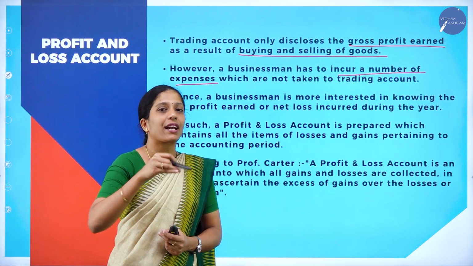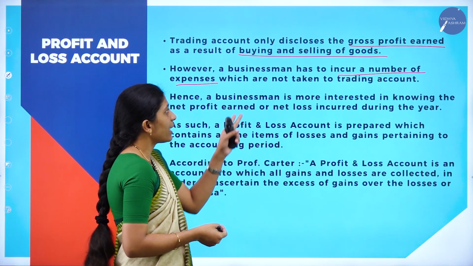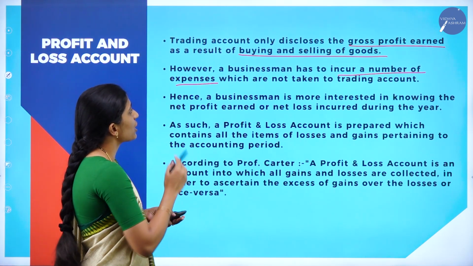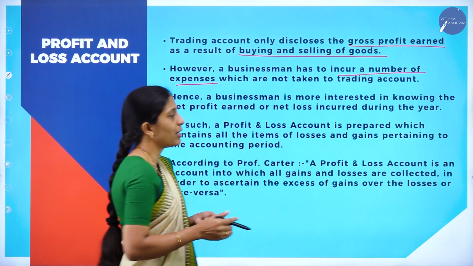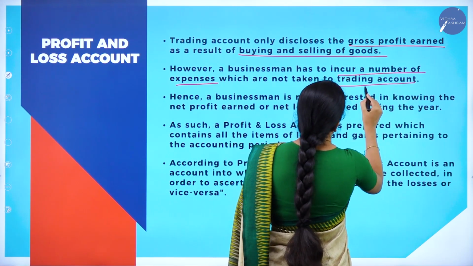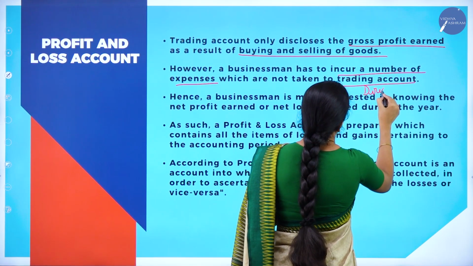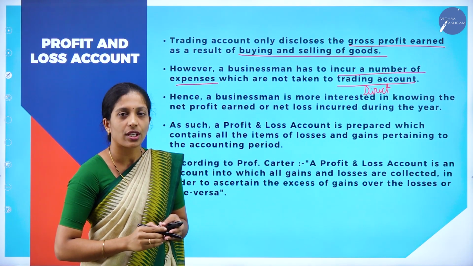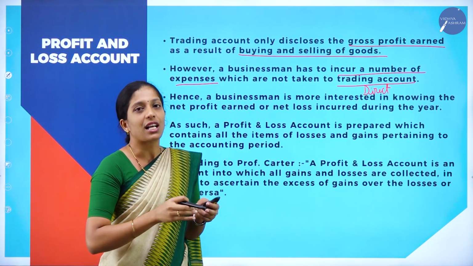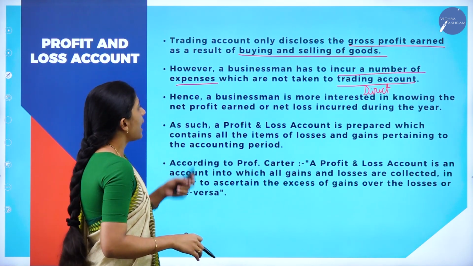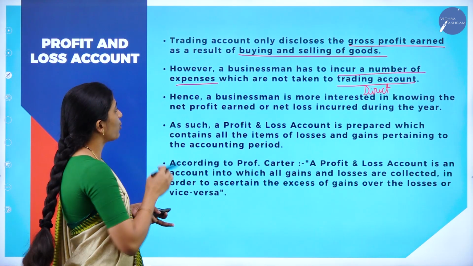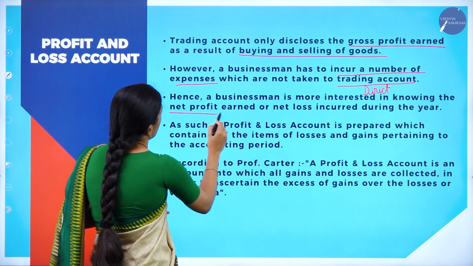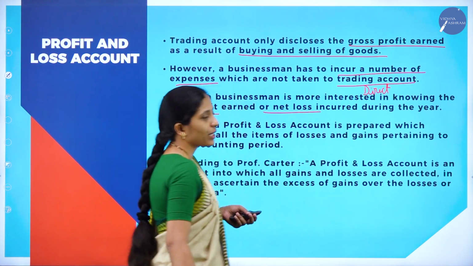These cannot be recorded in your trading account, because under trading account only the direct expenses are taken into consideration, that is, directly involved in manufacturing a particular product. Only those expenses will be taken. Hence, a businessman is more interested in knowing net profit earned or net loss incurred during the year.